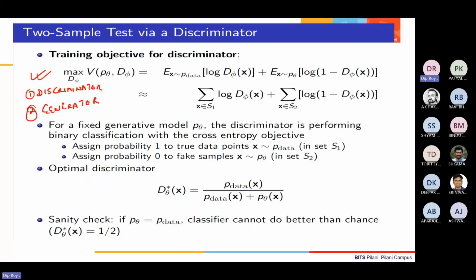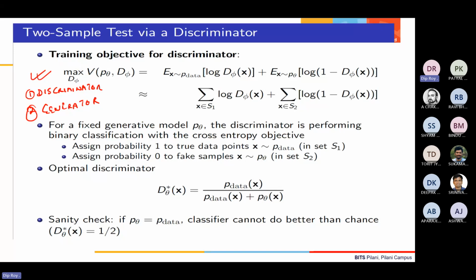I don't know whether I'll get to that slide today, but a few slides later we are going to see that training in this fashion is equivalent to using some form of divergence, not necessarily a KL divergence. KL divergence is just one form of divergence. Here this will become equivalent to some form of divergence.